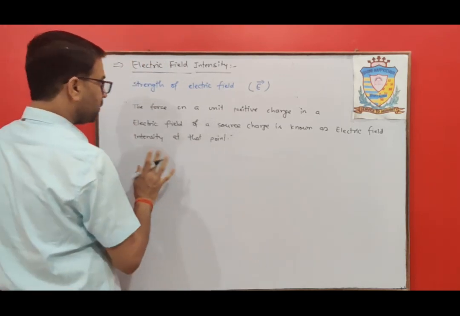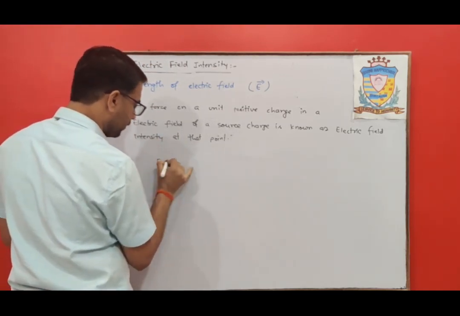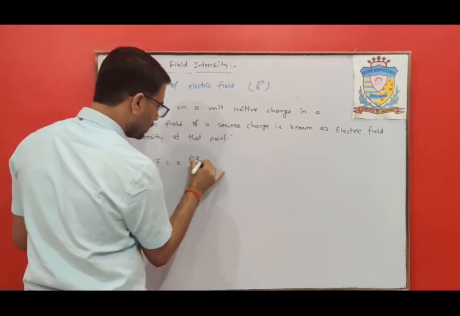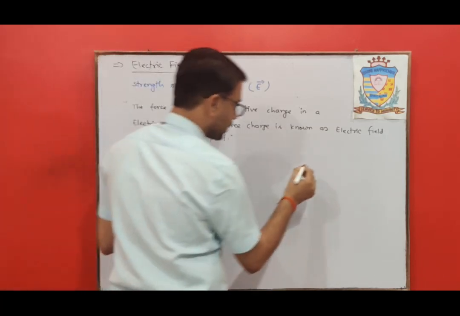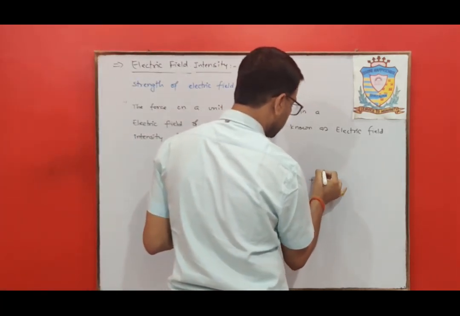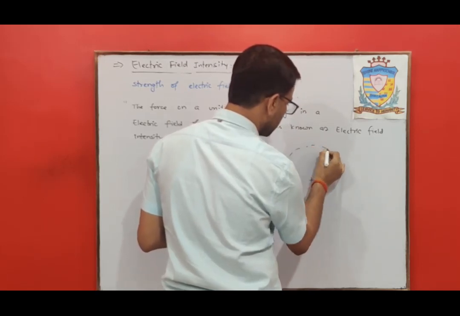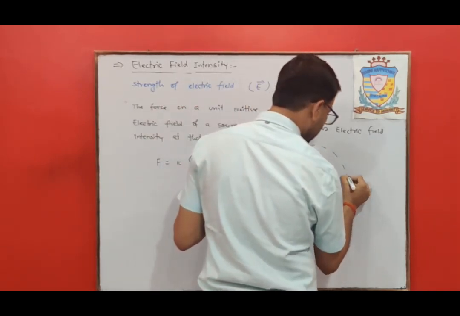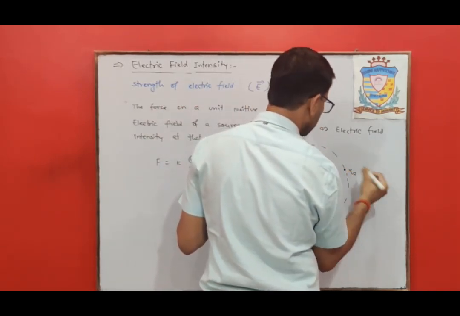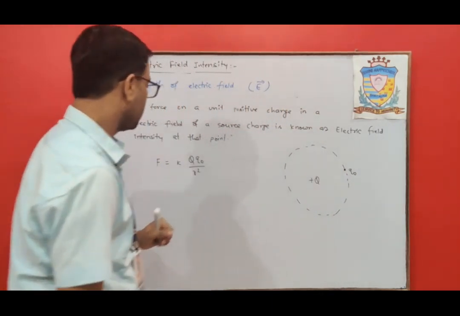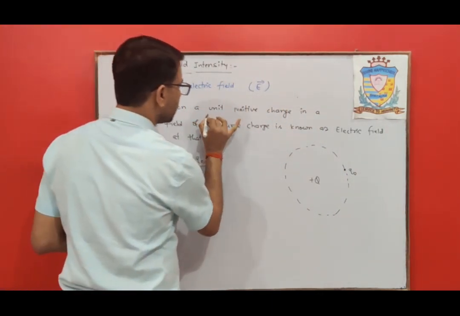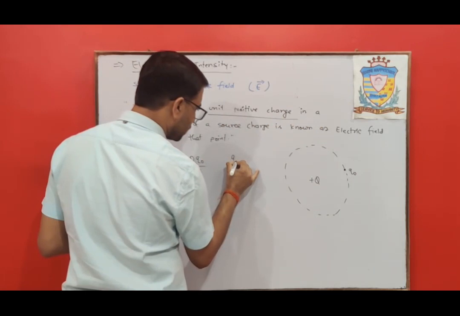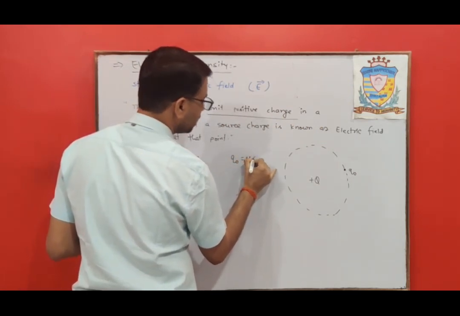Now, mathematically, as we know, F is equal to K Q Q naught upon R square. Suppose we have a positive charge Q over here and another test charge Q naught here. Here it should be a unit positive charge, that means the value of Q naught should be plus 1 coulomb.